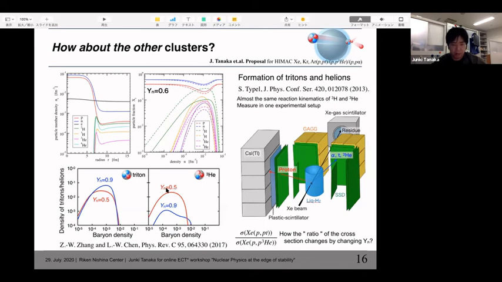This is half and half for proton to neutron ratio. And if neutron increases, triton increases, but helium-3 decreases. We would like to observe this change by changing the isotope. We would like to observe this kind of effect in isotopic trend in (p,pα) cross section.